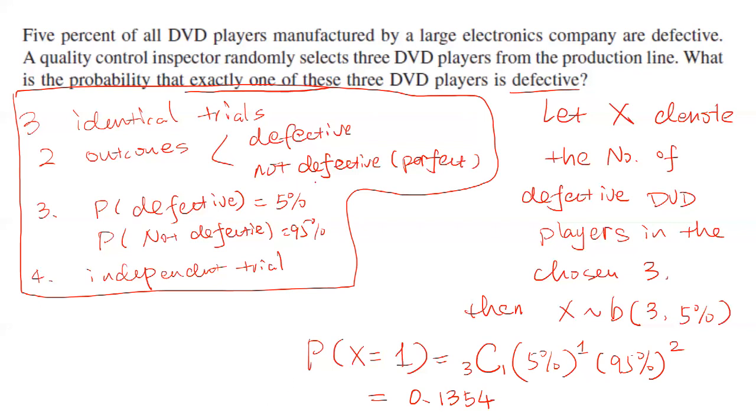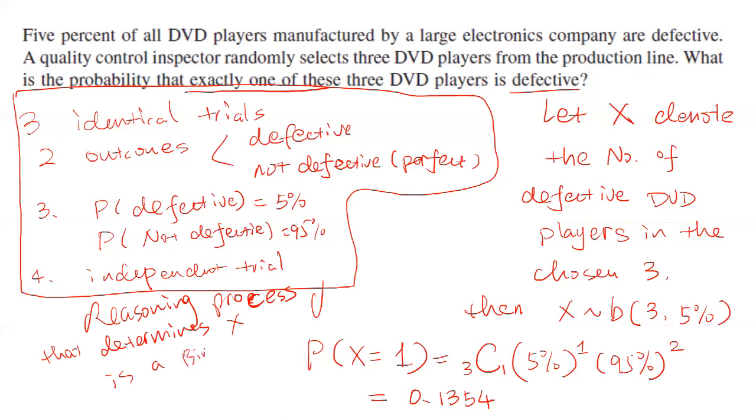This is a reasoning process that determines X is a binomial, that determines the binomial experiment. If it is not a binomial experiment, we cannot use this method, right? Okay. Any questions?